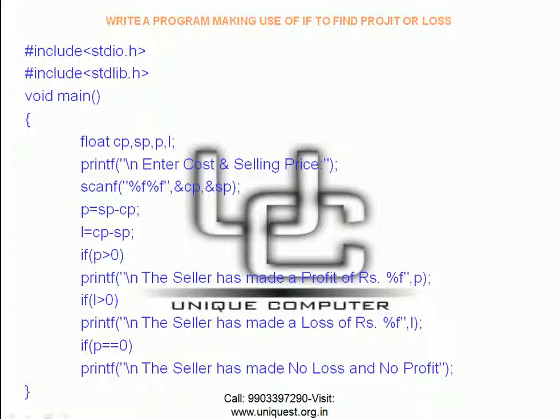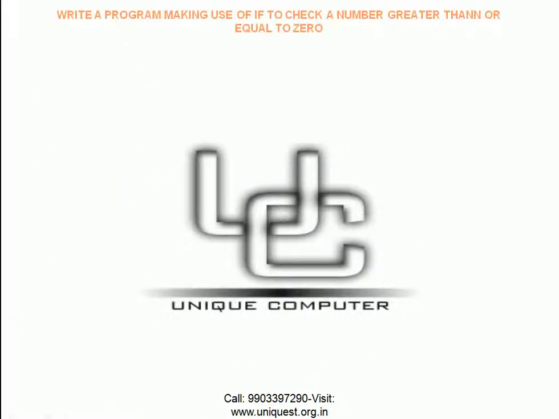So in this program, we not only saw how to make use of the if statement, we also came across the usage of the relational operator. Through this program, we are able to find out whether the transaction incurs any kind of profit or loss. And with that, we move to our next program.